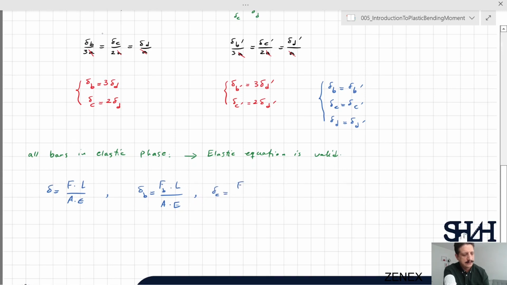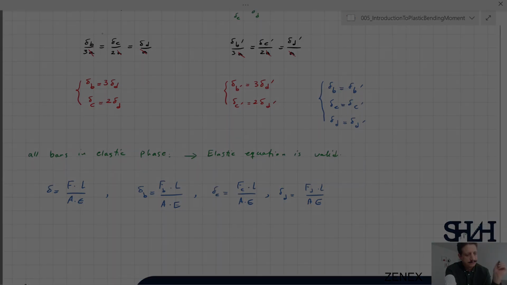Delta C is FC L over AE. These equations are valid only if the system is elastic. If one of them is not elastic, then we have to remove that equation for delta calculation.